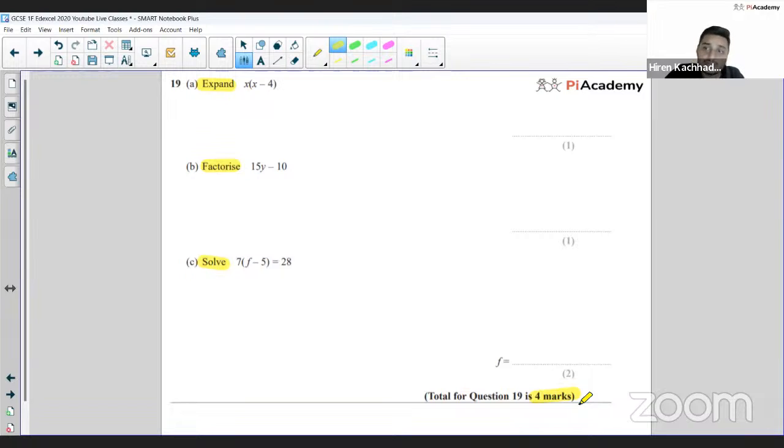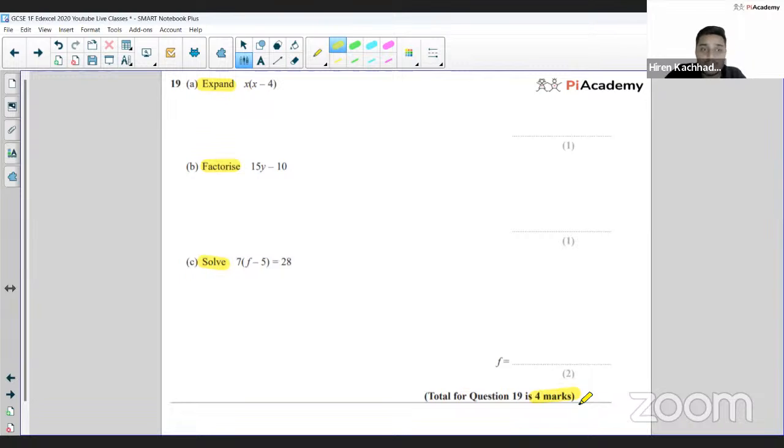Please submit your answer into the chat. If you want to participate, you have to submit your answer. I can see some of the students are submitting their answers. Thank you for your answers, Coimbatore, Zaika, Oluchi. I'm getting answers from Zaika and Coimbatore. Very good.